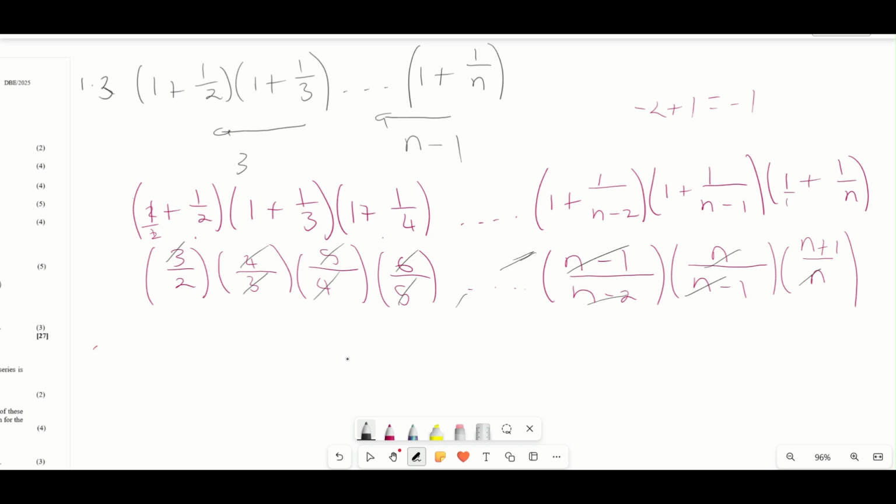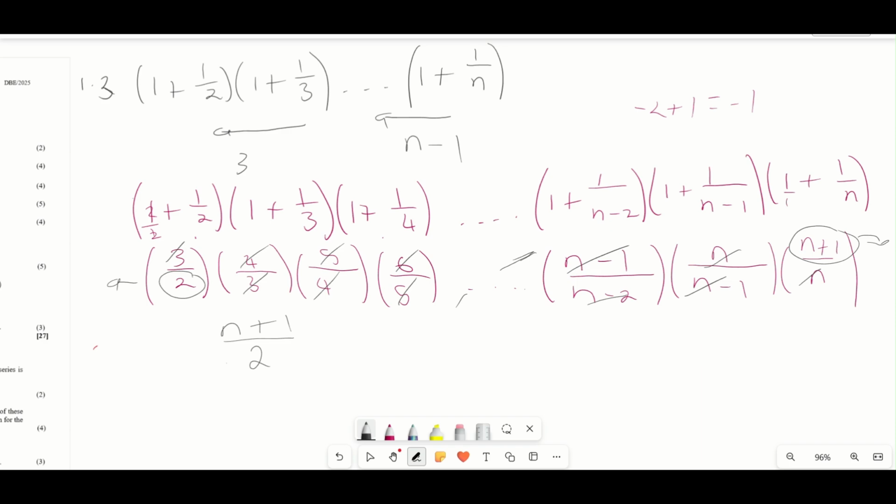What we will be left with is this one here, since there's nothing previous to it, so I'll be left with 2, and this one here, since I will have nothing on the right hand side, therefore I'll only have n plus 1, right?